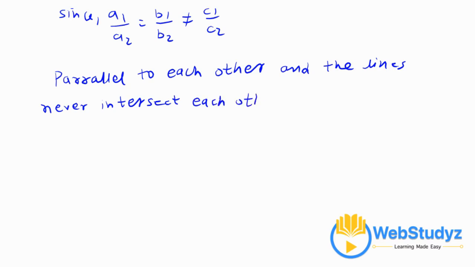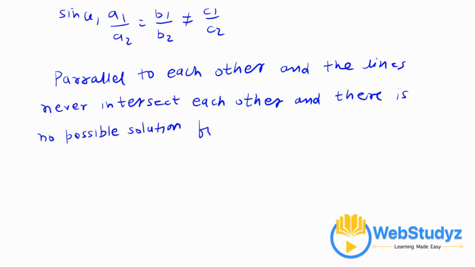So the lines are parallel and never intersect each other, and there is no possible solution for the given pair of equations.